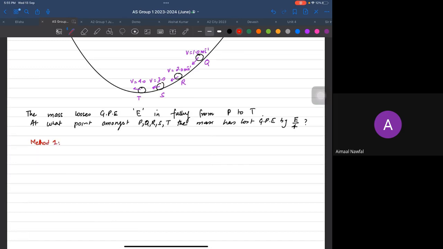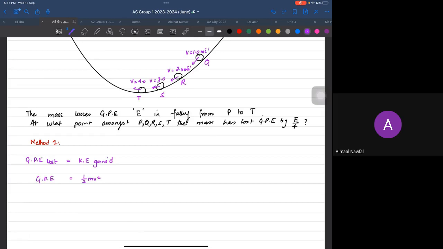This is the simplistic method where you know that because it is falling, the GPE lost will go into kinetic energy, right? It is gained. So we know that kinetic energy is half mv square and GPE, let's call this E, or just write GPE.